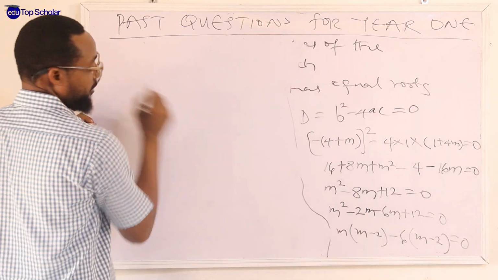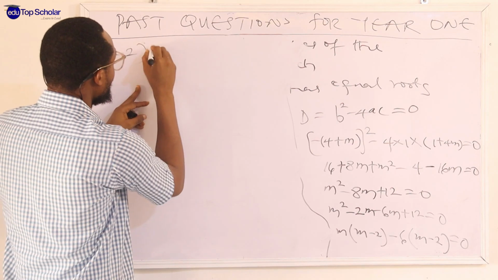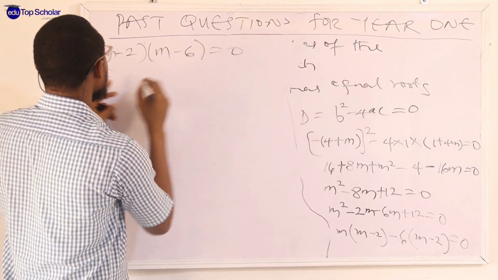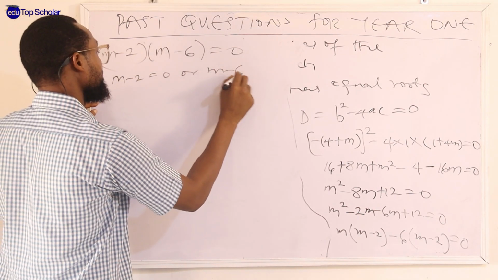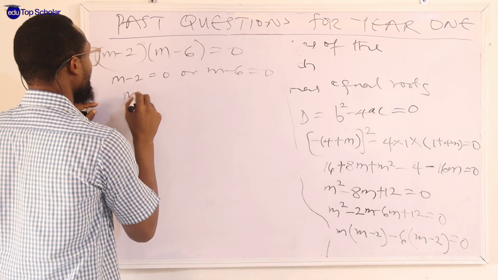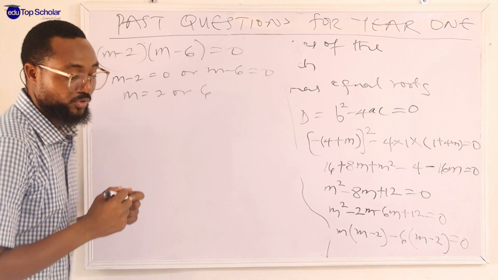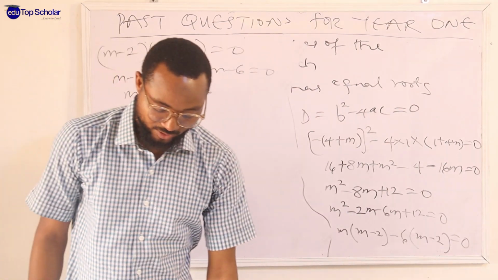So we have m minus 2 common, we can factor that, and we are left with m minus 6 equals 0. So m minus 2 equals 0, or m minus 6 equals 0. Therefore, m is 2 or 6. These are the possible values of the constant m that we can get from that equation.